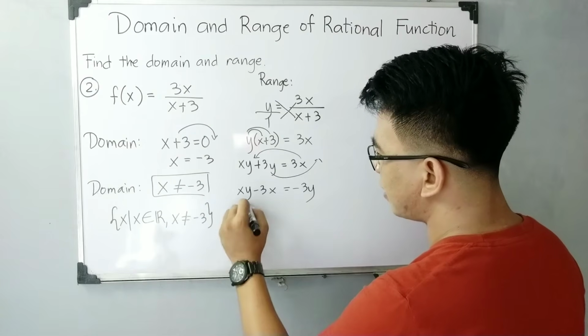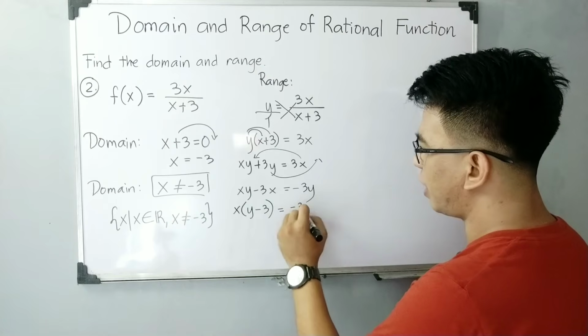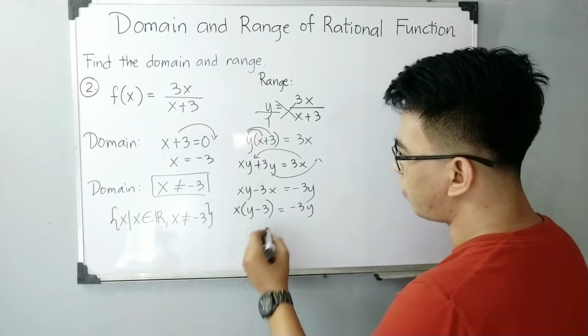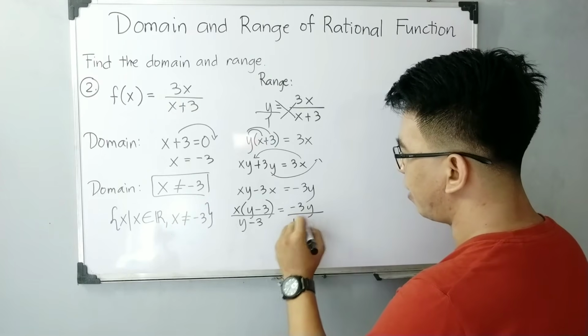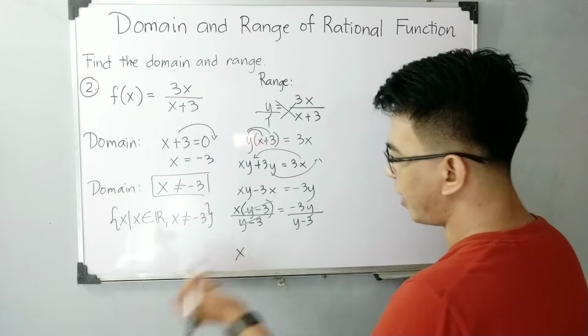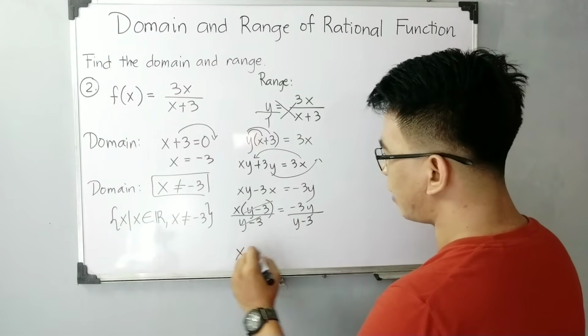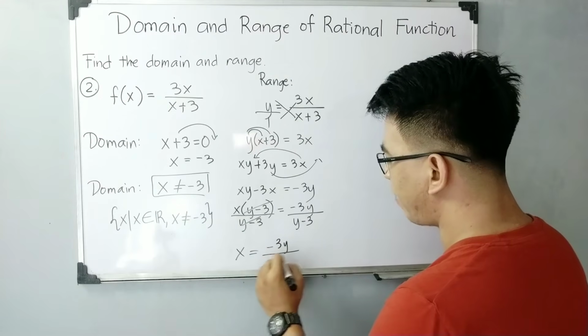Factor natin x times y minus 3 is equal to negative 3y. So, to solve for x, divide both sides by y minus 3. Ito rin by y minus 3. Cancel, cancel. Kung mapansin nyo, matitira na lang si x. Ito na yung target natin. X is equal to negative 3y over y minus 3.